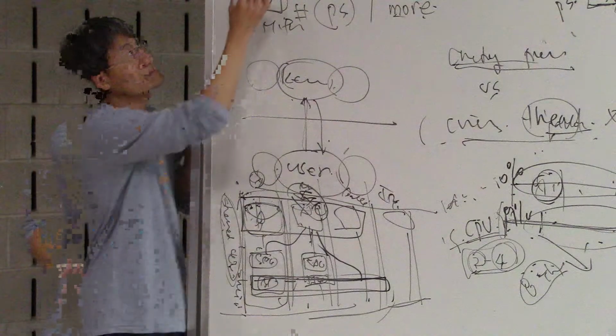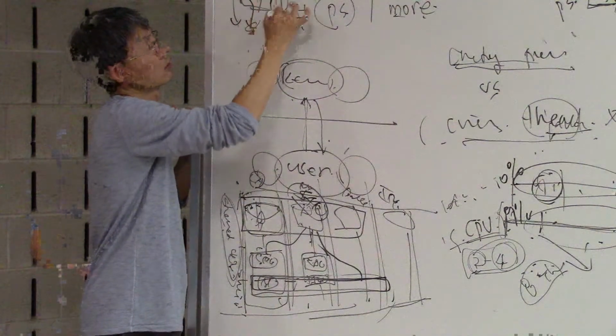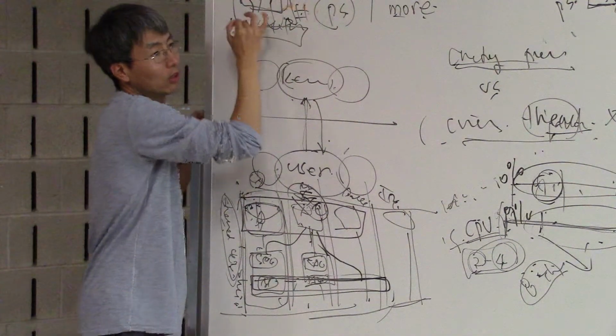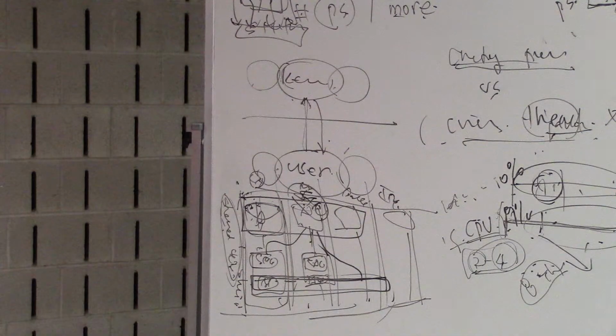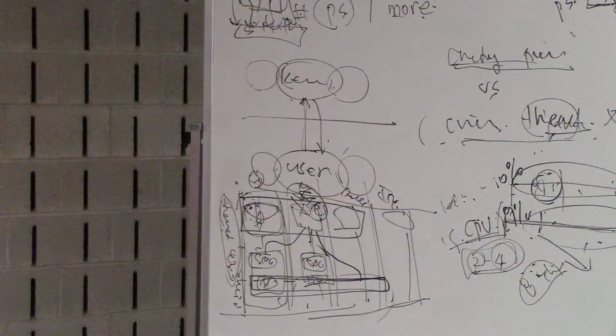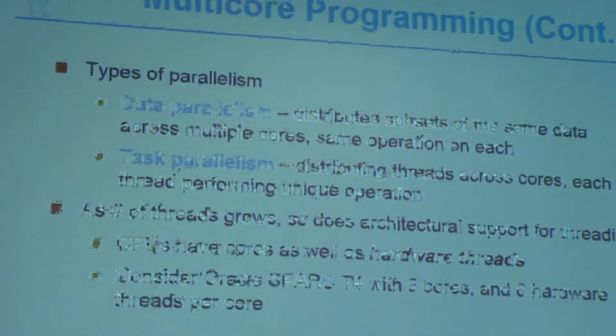So they can process different threads of instructions simultaneously. So we will get the benefit of such multiple parallel processing using threads. There are two types of parallelization. One is data, another one is task.